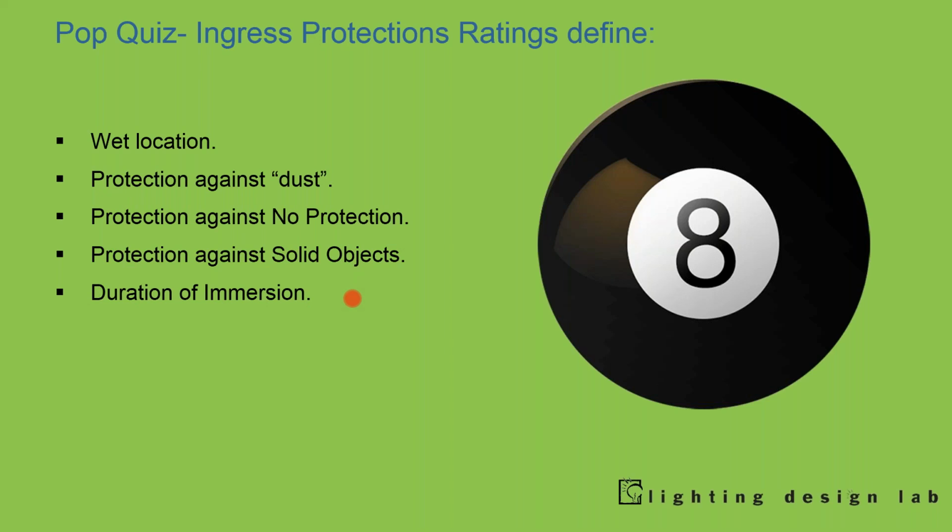We kind of glossed over that a little bit, but in the handout, if you look at the listing, they do talk about some of the IP ratings, I think it's a 7, and it allows for a certain time that the luminaire can be submerged and still maintain safety.